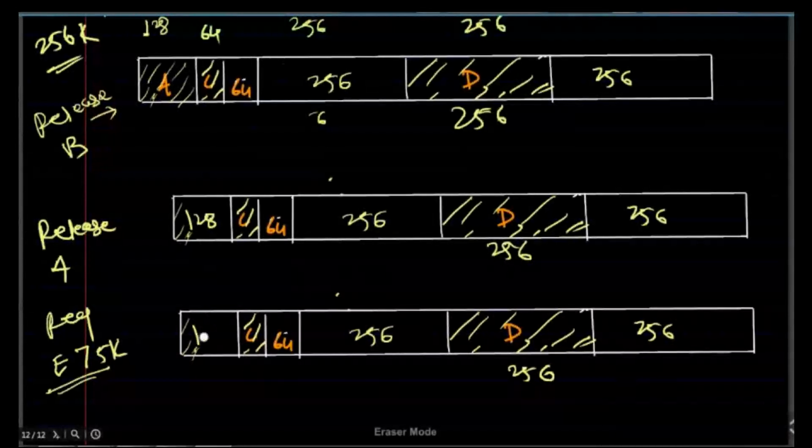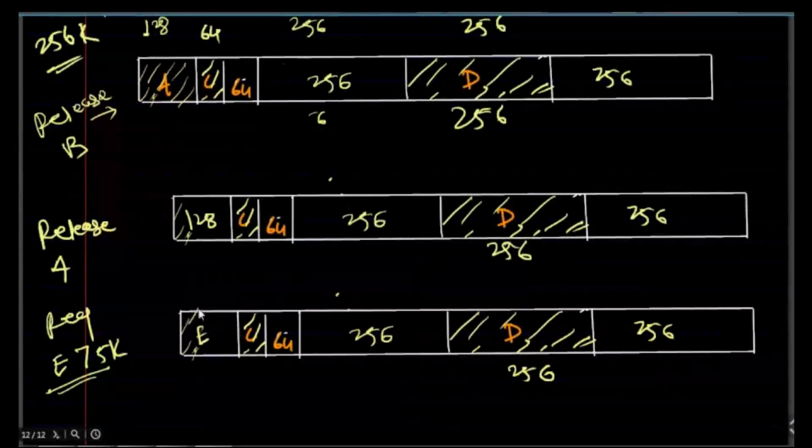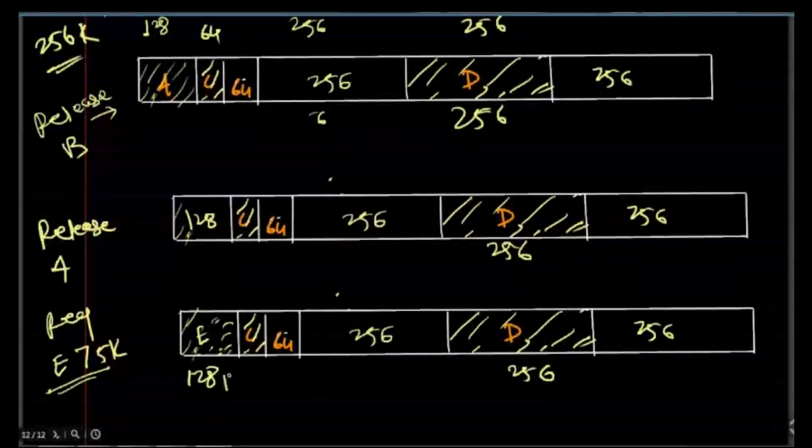So we can give this 75K to E. Here we can accommodate E. It will leave some fragmentation that we don't need to calculate, but this is given to E, which is a block of 128K size.